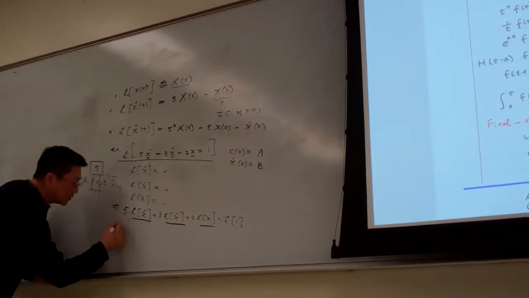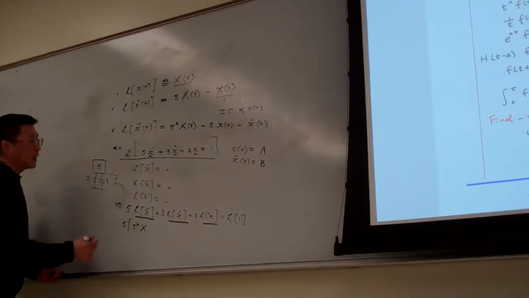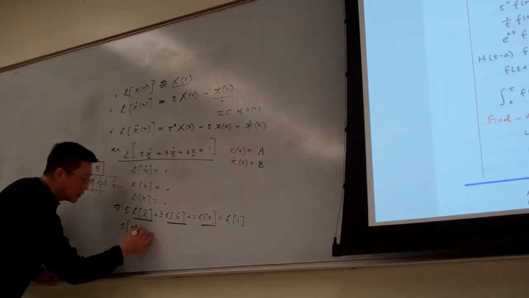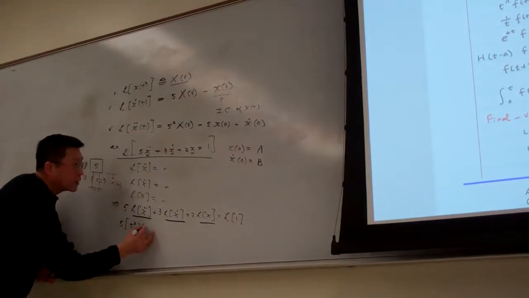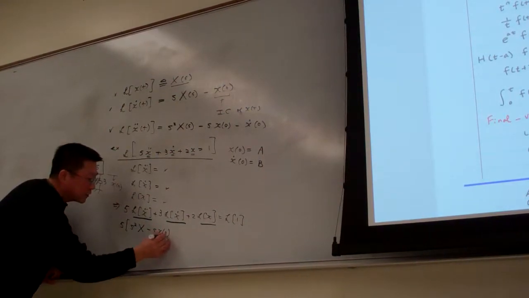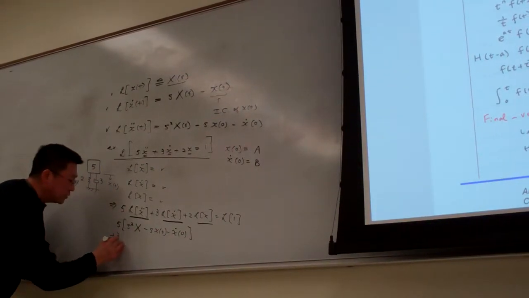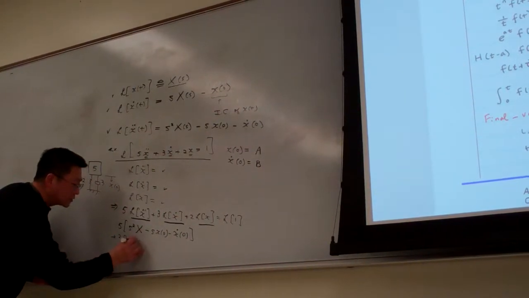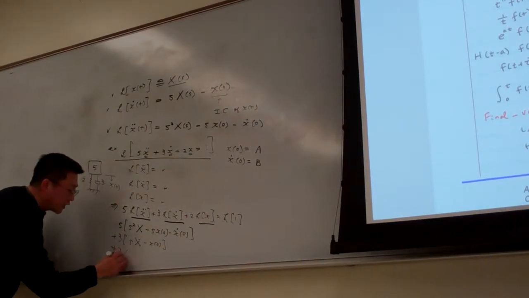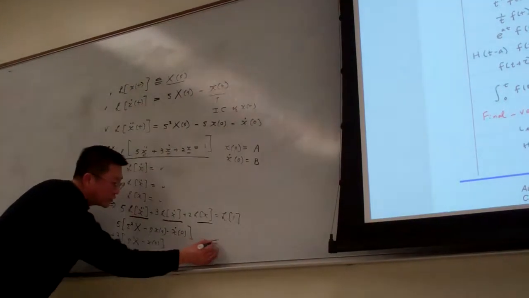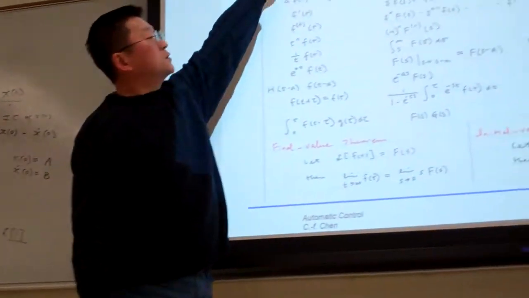So let me plug in 5, s squared and capital X, minus s x of 0 and minus x dot of 0. Okay, plus 3 s capital X minus x of 0, and plus 2 capital X. The whole thing is equal to the Laplace transform of a constant 1, and that is 1 over s.